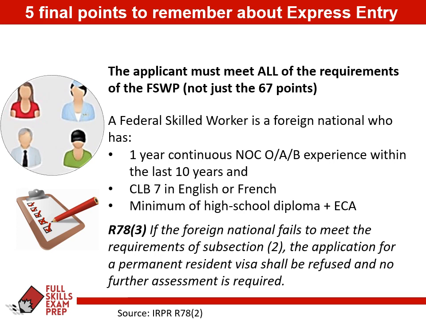We saw this in that previous lesson on the Federal Skilled Worker Program and the general requirements, but it's really important to remember that even if a person has maybe 80 points in the Federal Skilled Worker Program, if they're missing one of these requirements, they don't qualify for this program, and the application will not proceed.